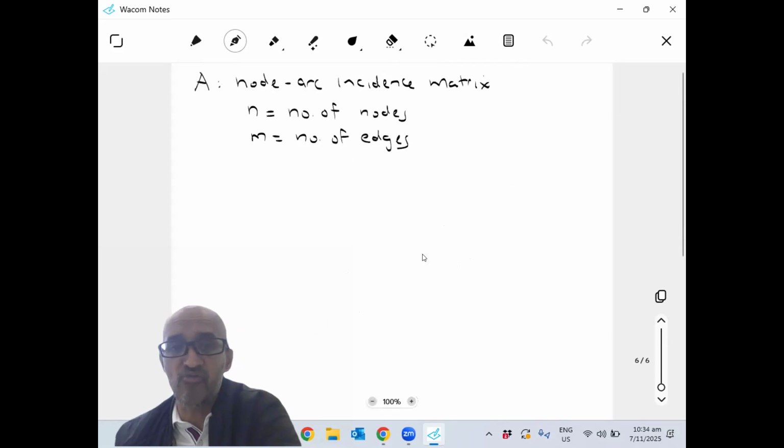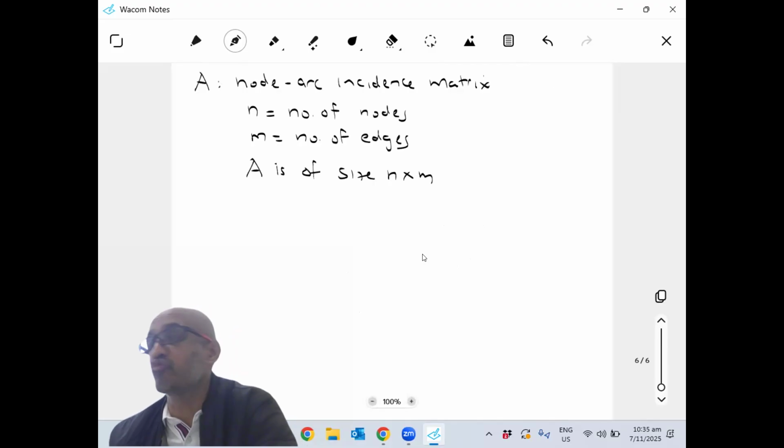So A is a matrix of size n by m. We're using n here for nodes.